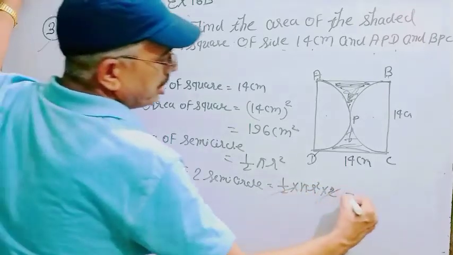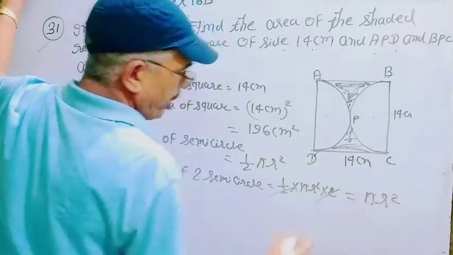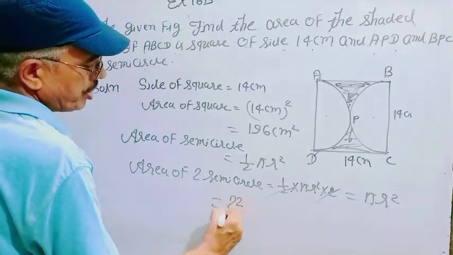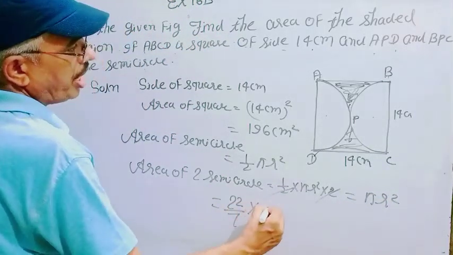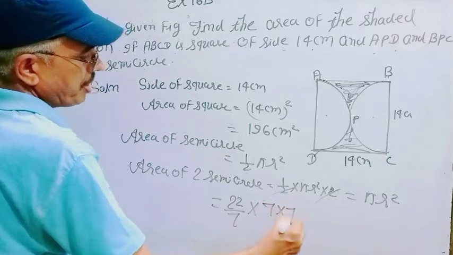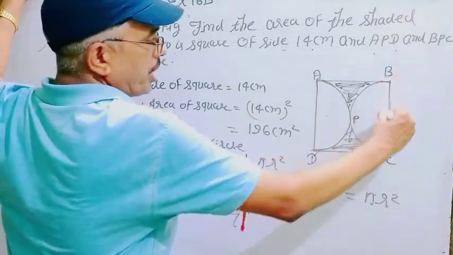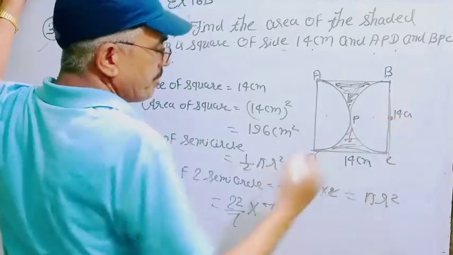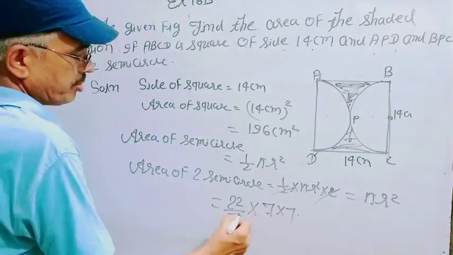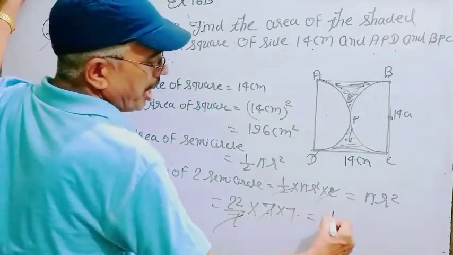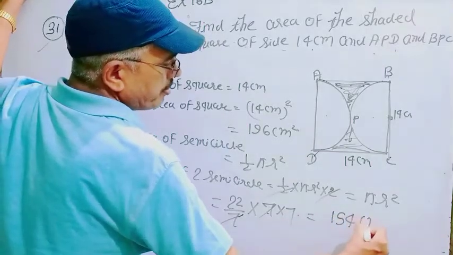The 2s cancel, that is pi r square. Hence here it is 22 by 7 and r is 7 into 7, because 14 works as the diameter, then the radius will be 7. So r square is 7 into 7, and the result is 154 cm square.